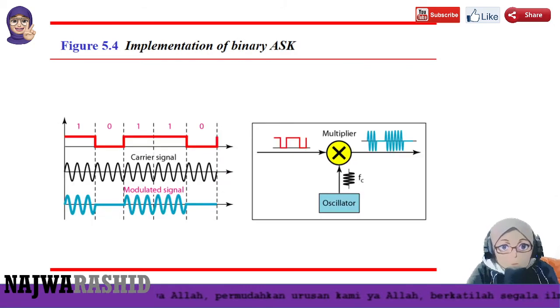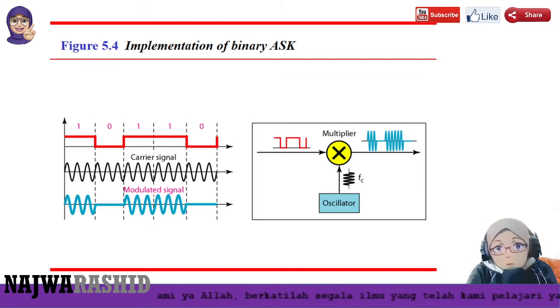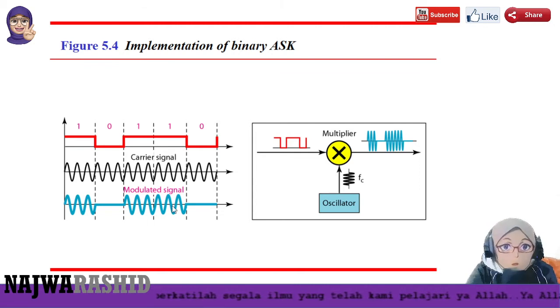Okay, the next part is how we implement the binary ASK. So we have digital data. We modulate it with the carrier signal, and then we get the modulated signal as an analog signal. So we need a modulator.